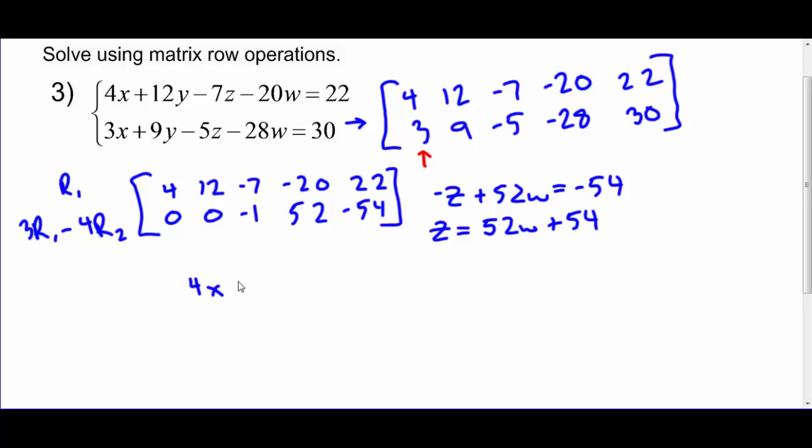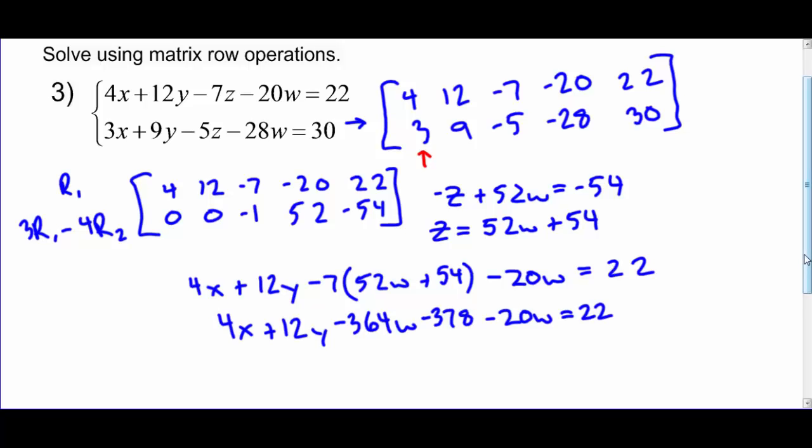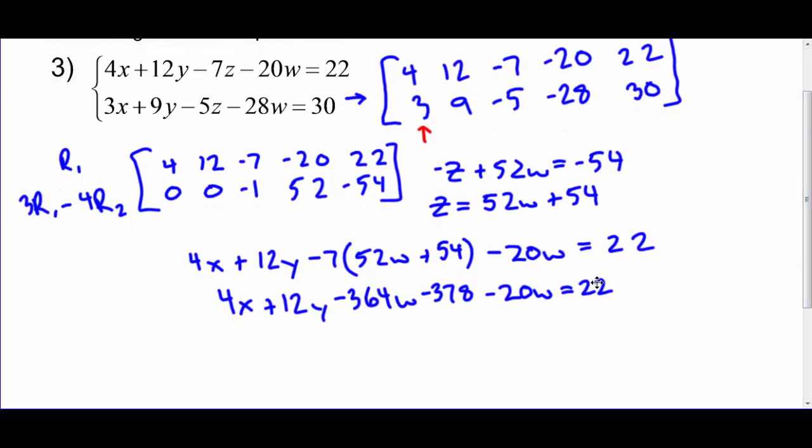So I'm going to have 4x plus 12y minus 7, now this is z, so I'm going to plug in what I just found z to be, 52w plus 54, minus 20w equals 22. Alright, I've skipped ahead to the next step. I've gone ahead and distributed. And now what I'm going to do is solve for x.